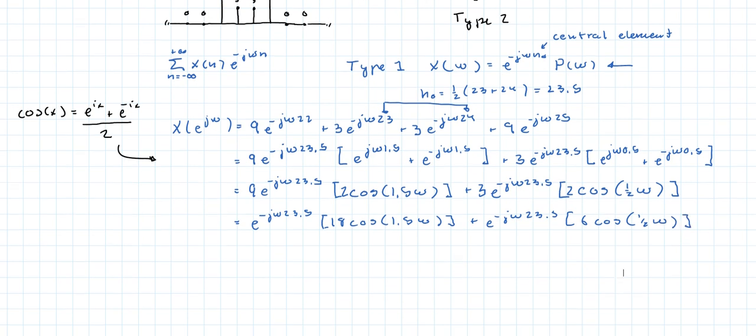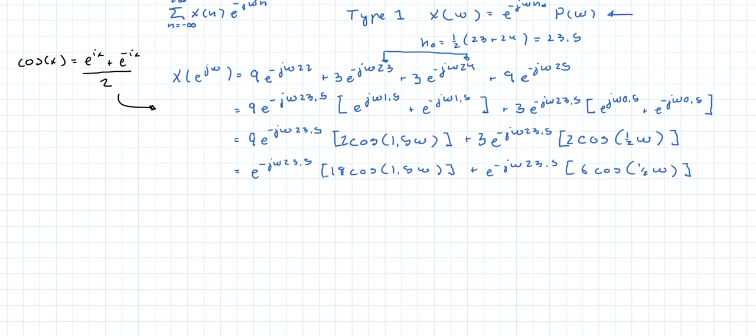And finally, we can simply take out the exponential e to the minus jw 23.5 and multiply it by the polynomial p of omega, which is going to be 18 cosine 1.5 omega plus 6 cosine of 1/2 omega.